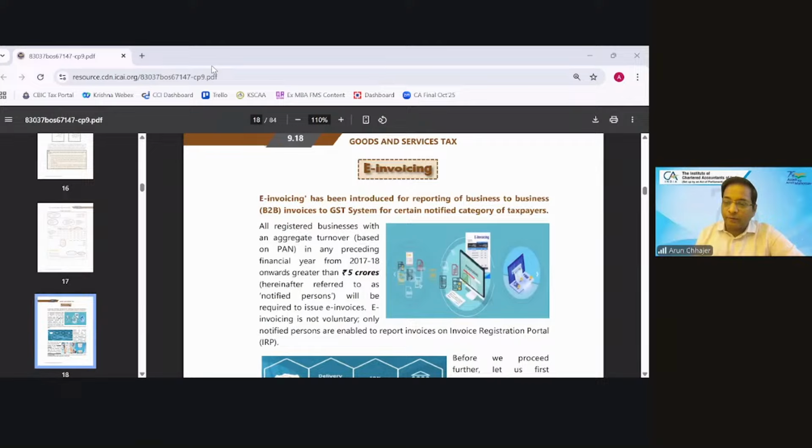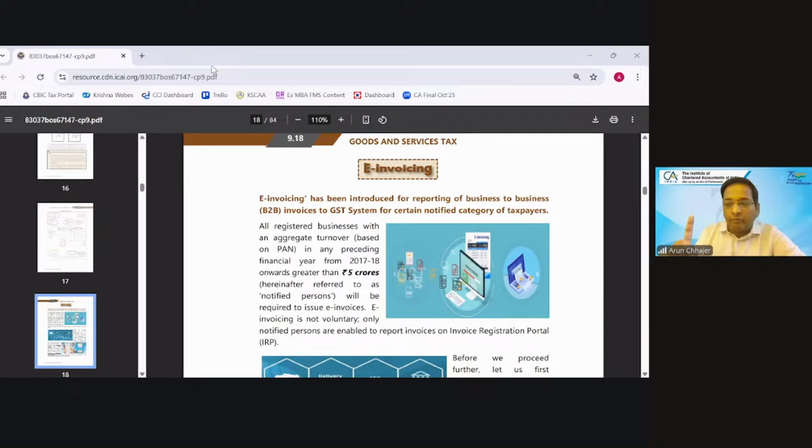मैं रिपीट करता हूं. My turnover exceeds 5 crore in October 2025. Do I need to start preparing the invoice from November, or is it applicable from next financial year? All the participants have given the correct answer except one.